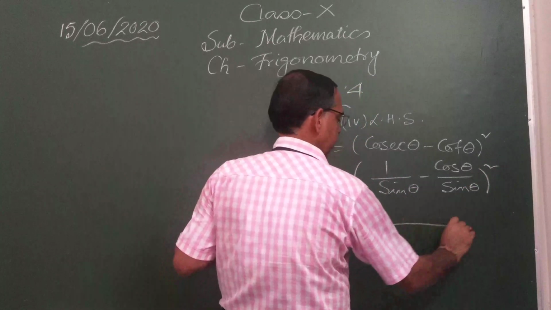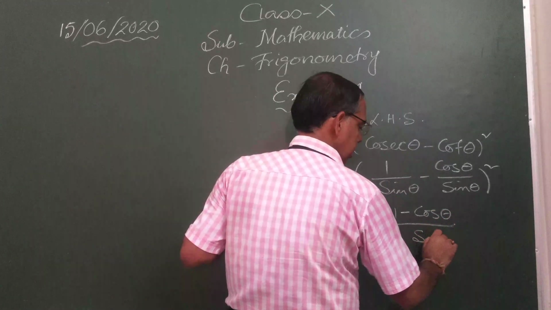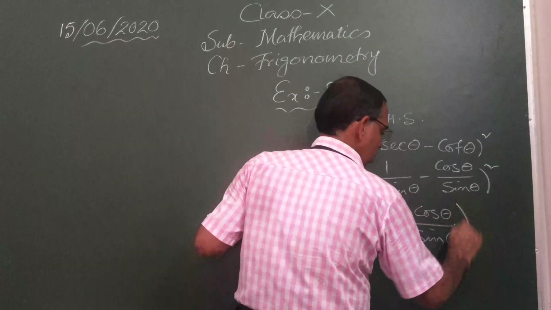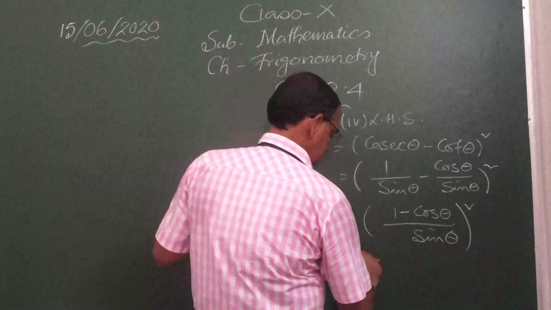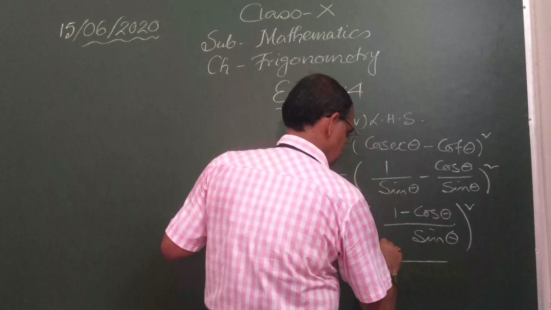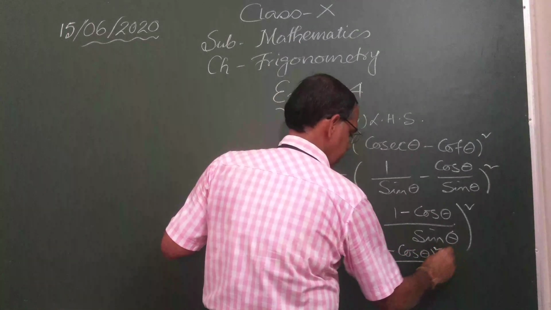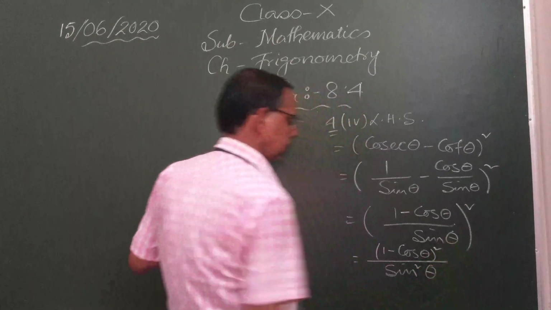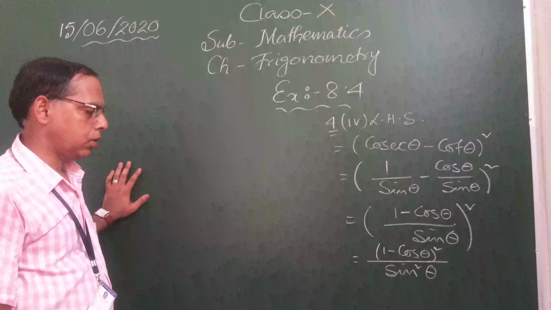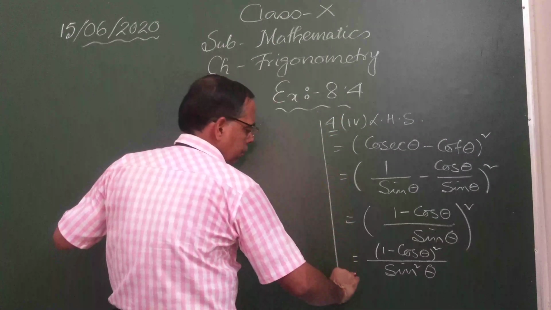Then 1 minus cos theta by sine theta, whole square. Then 1 minus cos theta whole square divided by sine square theta. Yes or no?